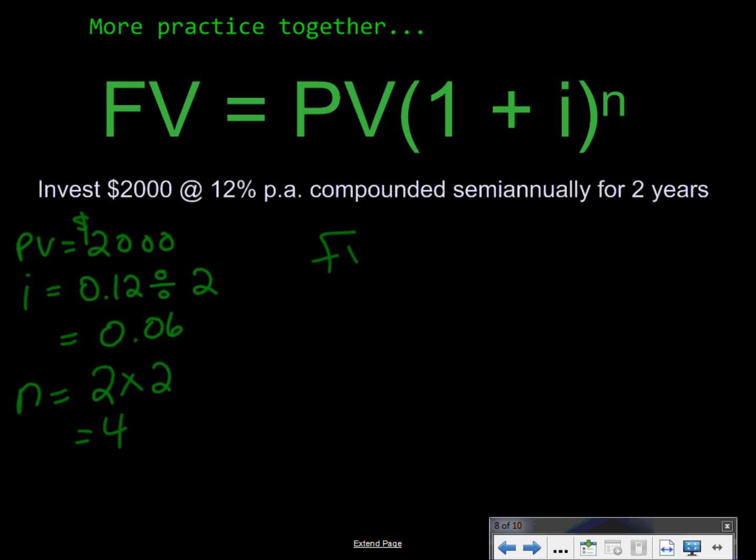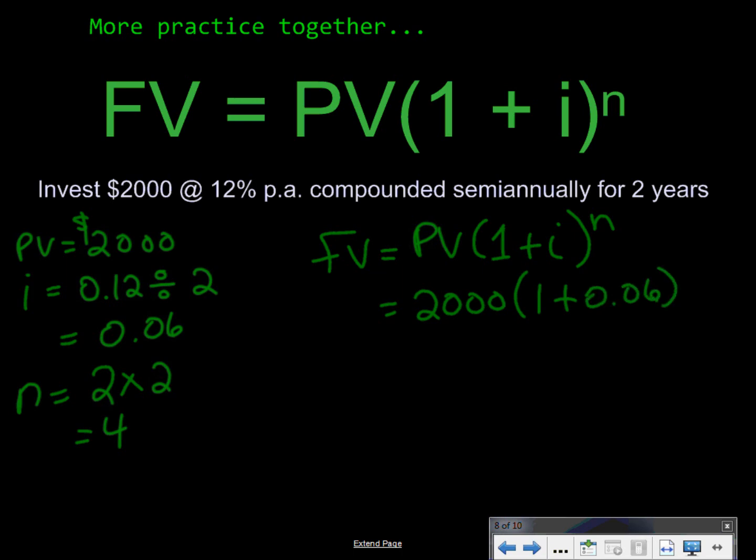So, future value is equal to present value, 1 plus I to the n. So, it's 2,000, 1 plus 0.06 to the 4. Let your calculator do the work. 2,000, bracket, 1 plus 0.06, bracket, the exponent 4.